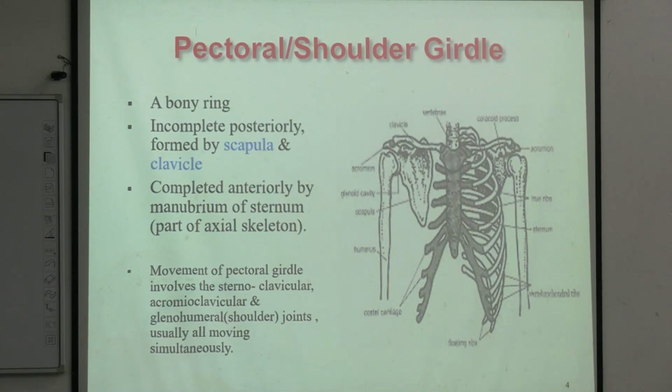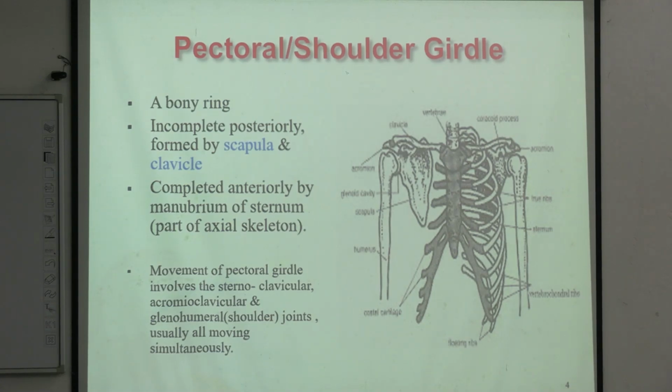So, we are forming two kinds of joints, the sternoclavicular joint and the acromioclavicular joint. So, the movement of this glenohumeral joint and these two joints of the clavicle over the manubrium and over the acromial process adds up together as a movement of this pectoral girdle.